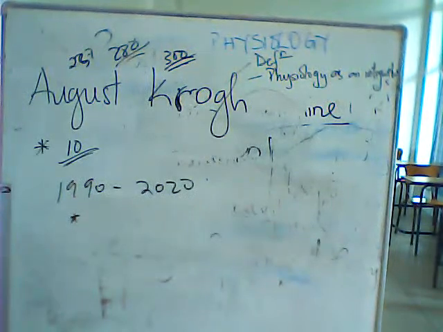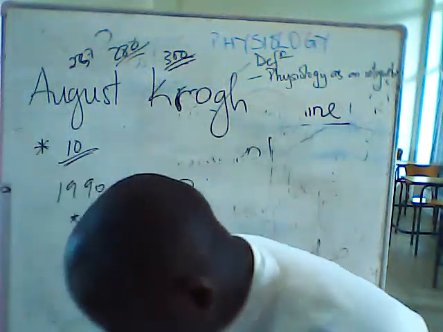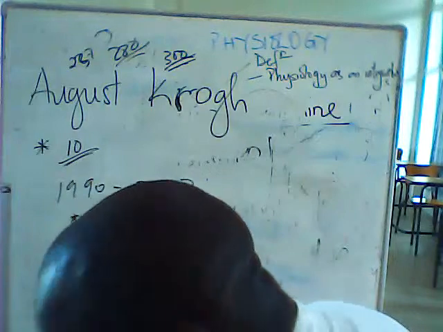Anatomical dissertation of what? Movement of what? The heart and blood in what? In animals. Okay, so we have that.